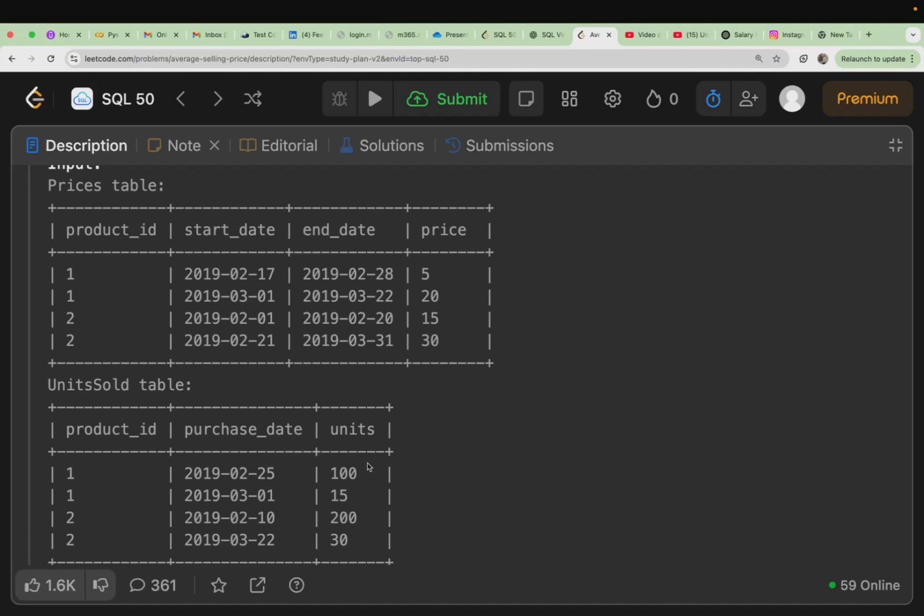So when we calculate the total price of a particular product, we have to multiply price and units. Before doing that, we have to check the purchase date of a product, and it should be between the start date and end date before multiplying it with the price. And after multiplying the prices with these units, we'll take the average.